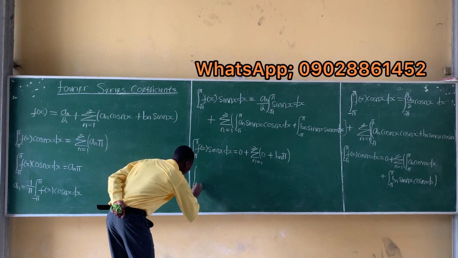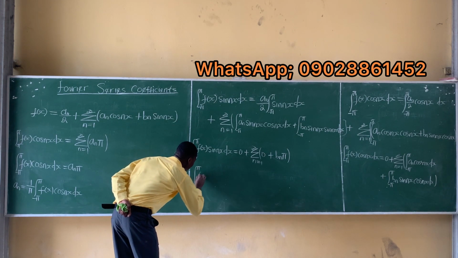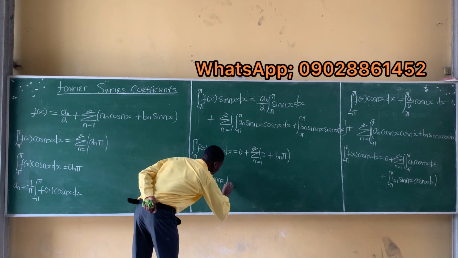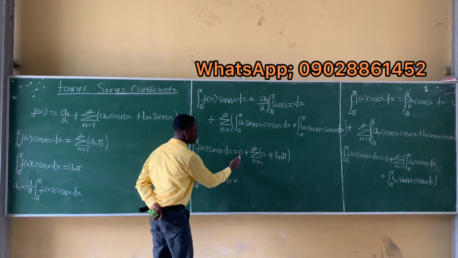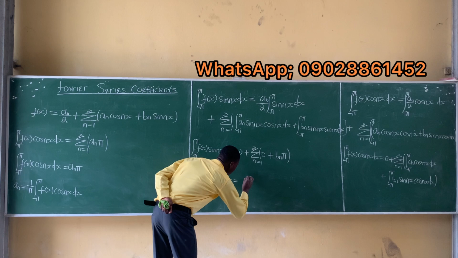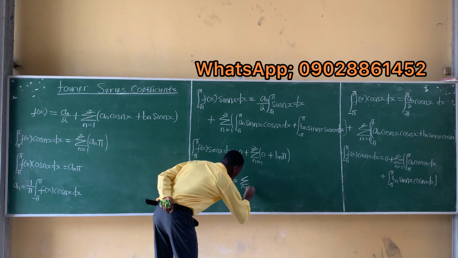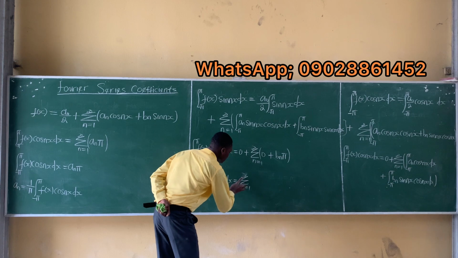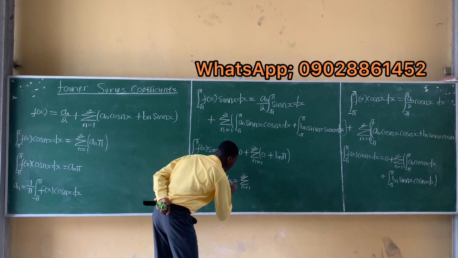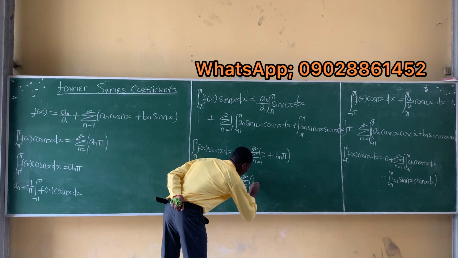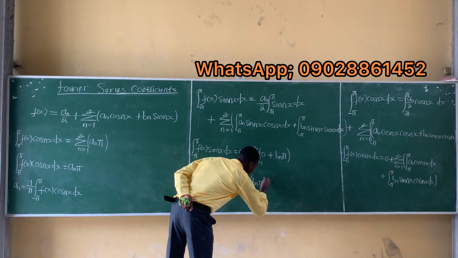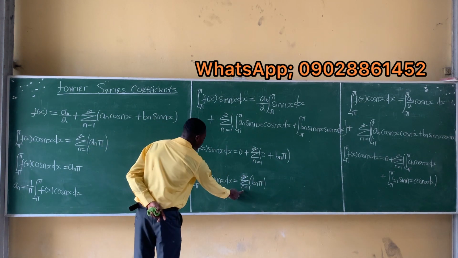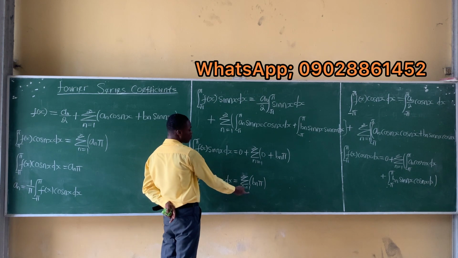So the integral from minus pi to pi of f of x sine nx dx is equal to, this is 0, this is 0. The sum as n equal to 1 to infinity of b sub n pi. So let's remove the sum as n equal to 1 to infinity.